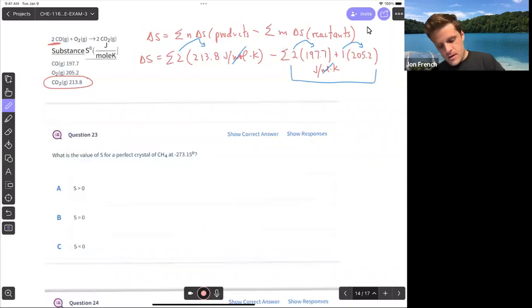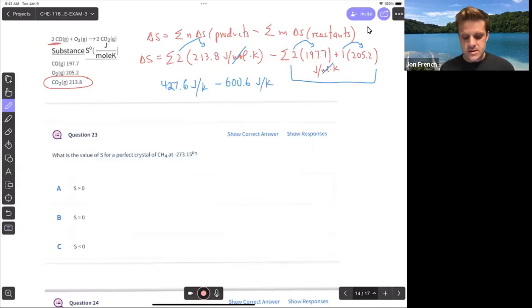So 427.6 joules per Kelvin minus the sum of 395.4 and 205.2, which is 600.6 joules per Kelvin.